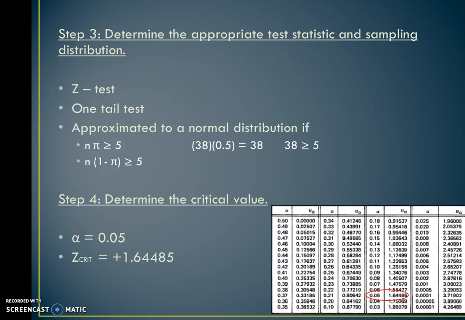In step 3, we determined that we use the z-tables for a proportion test, and that our hypothesis would be one-tailed. As n pi and n(1 minus pi) are greater than or equal to 5, the distribution can be approximated as normal. In step 4, we established that the critical value was plus 1.64485.